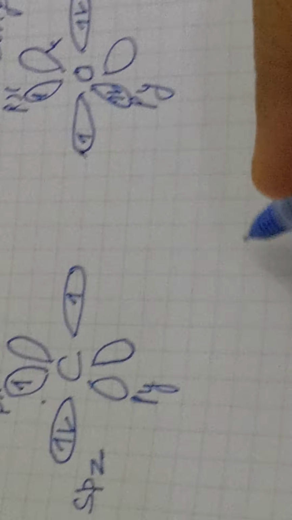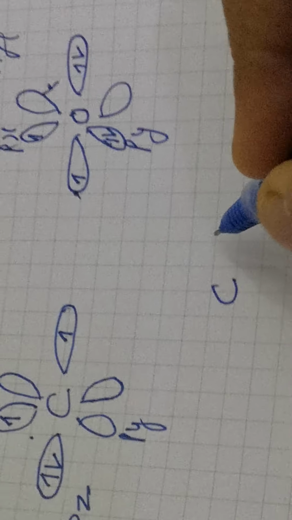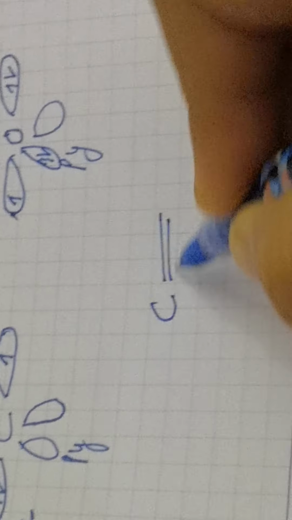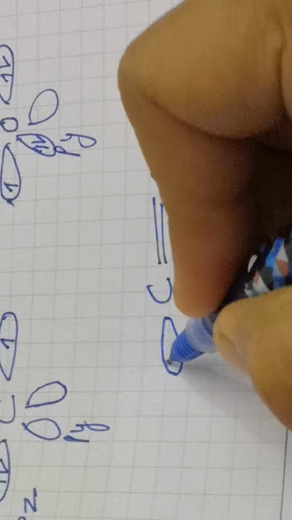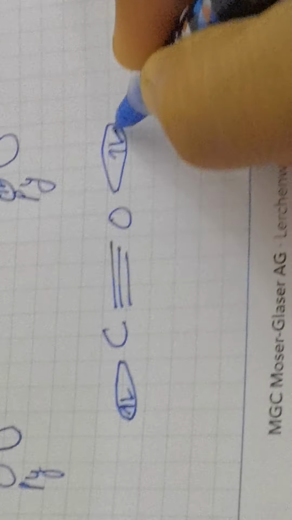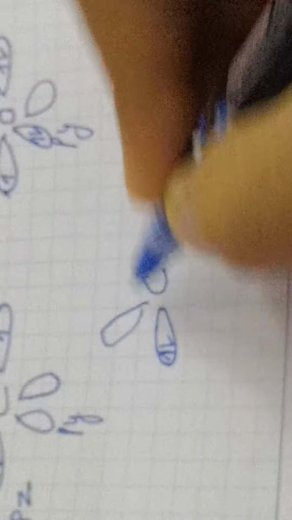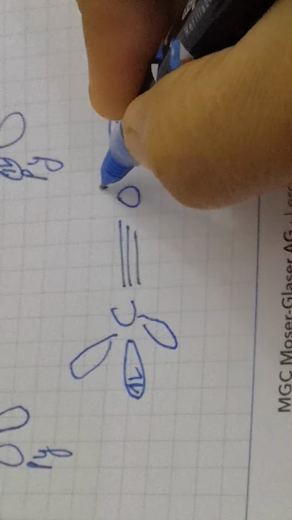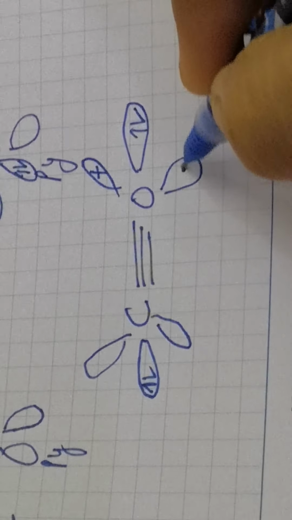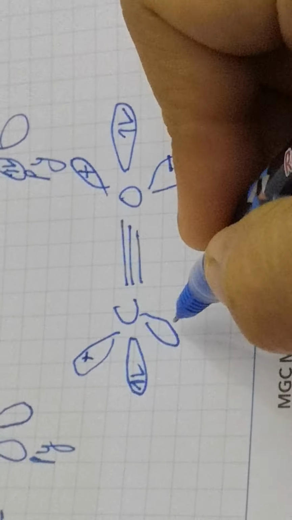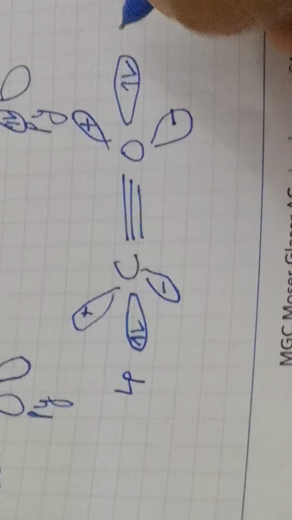So we can see in this case the lone pair of the carbon and the lone pair of the oxygen.